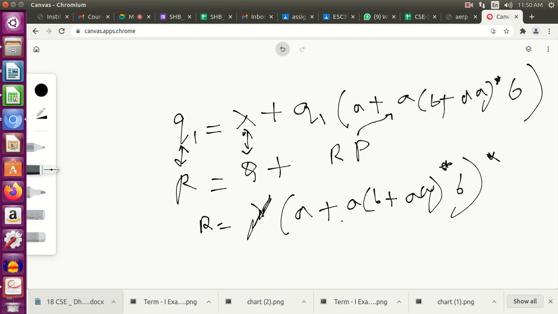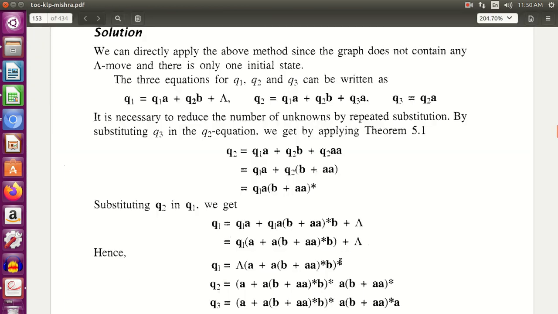So R is equal to (A plus A (B plus AA) star B) whole star. Okay, so that is the thing that we have got over here. If you see, (A plus A (B plus AA) star B) whole star. So this is the value of Q1.